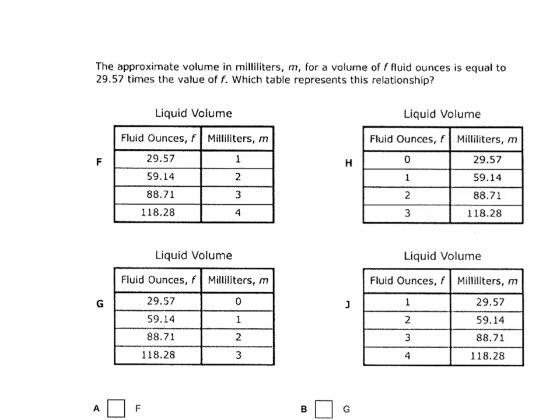The appropriate volume in milliliters for a volume of fluid ounces is equal to 29.57 times the value of F. So which table represents this?